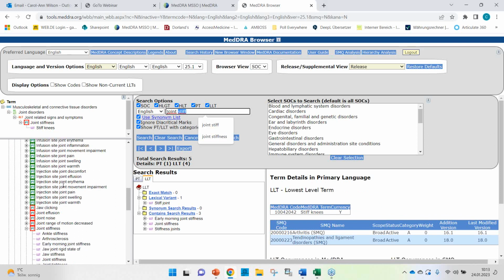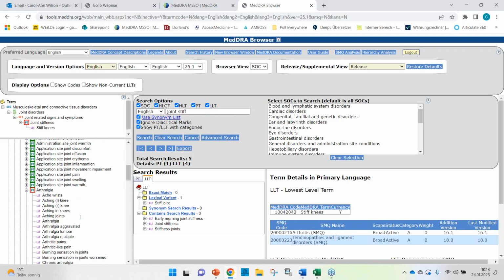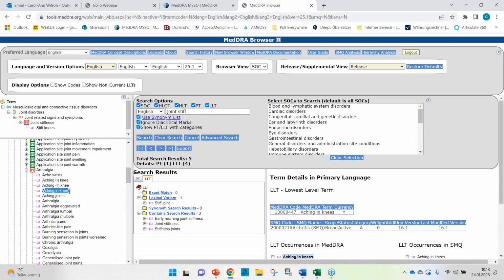So what about joint pain? So joint pain, let me check arthralgia, here it is. And you see we have many more options under this PT here. Even laterality can be captured here, left knee, right knee. In our instance, both knees are affected, so aching in knees would be the most specific term for the pain in the knees.